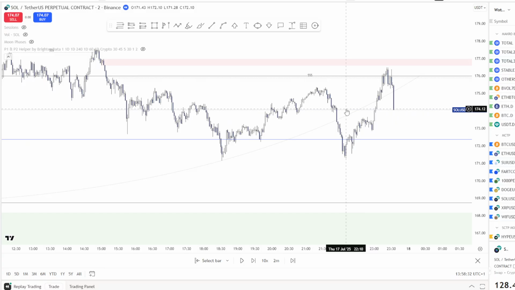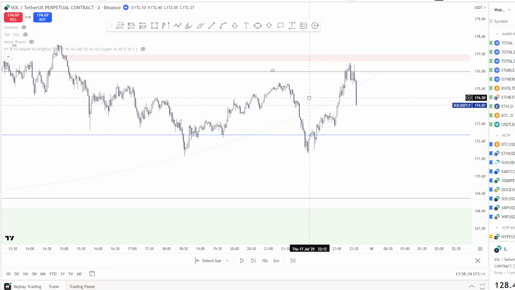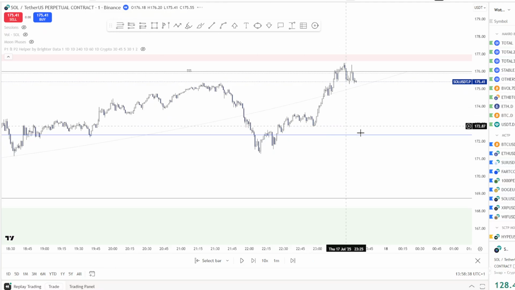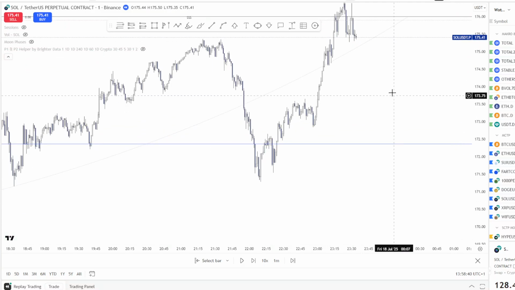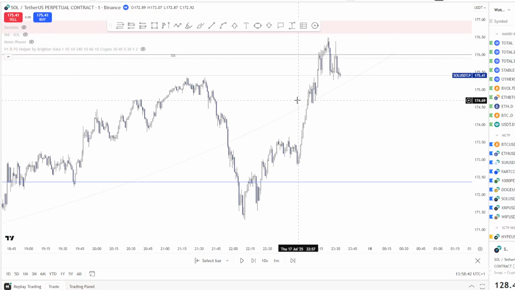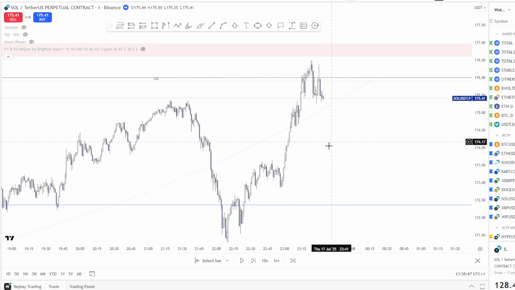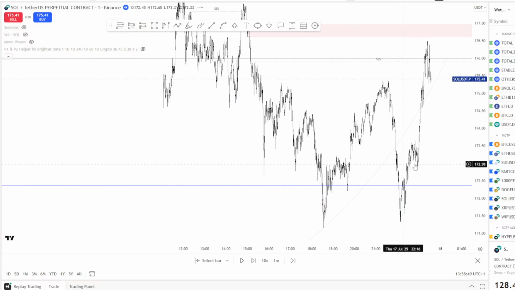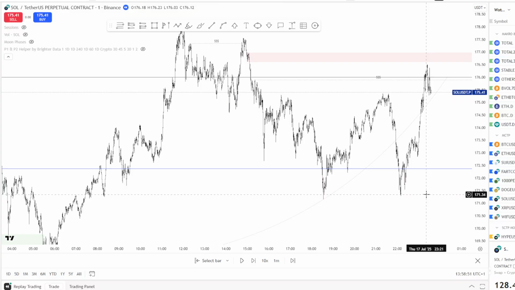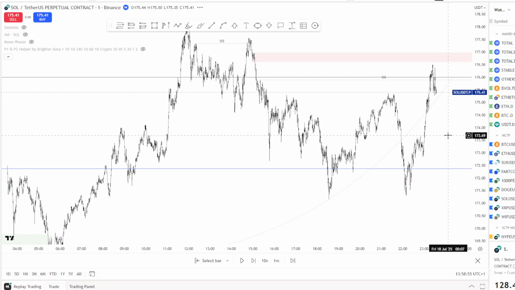This was New York PM. This is after hours. So we got a move down, but put in a low here, some lows.